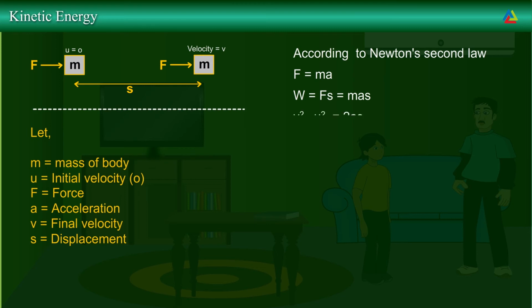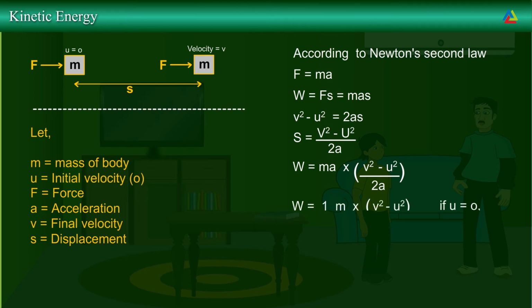Putting this in the equation of work done, we get work done equals half times m multiplied by v square minus u square. If the object is starting from its stationary position, that is u equals 0, then W equals half the product of mass and v square. So, this is also the kinetic energy.